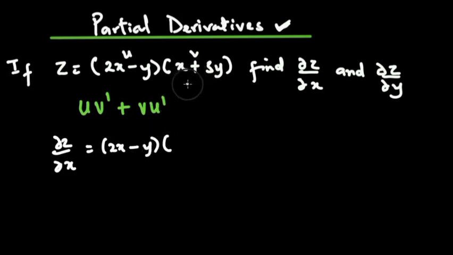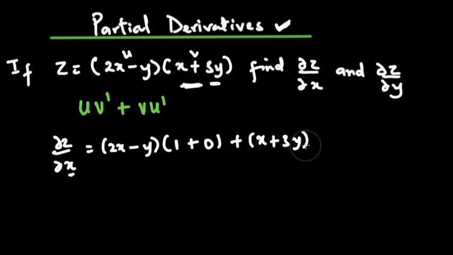And then we differentiate v partially with respect to x. In differentiating v partially with respect to x, we keep y constant. So when we differentiate x, it becomes 1 plus y is constant, and when you differentiate a constant, you have 0. Plus, you drop v. V is x plus 3y. Then you differentiate u. In differentiating u partially with respect to x, we keep y constant.